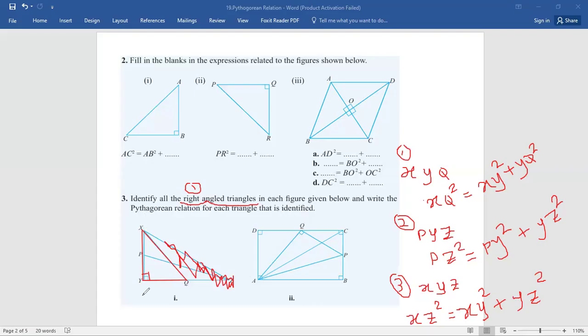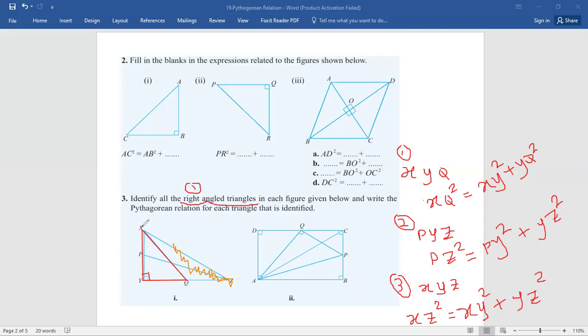This is our triangle, the red one. So we are taking only the XYQ right angle triangle, and that is why we are not going to use Z. So XQ is the hypotenuse.